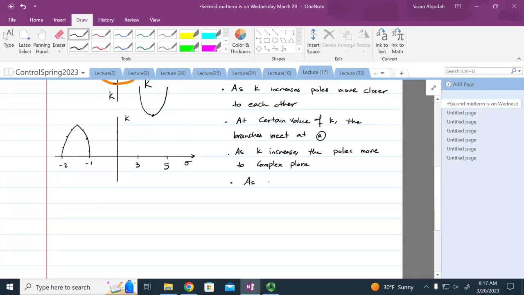And then as we keep increasing k, the closed loop poles will move back to the real axis.